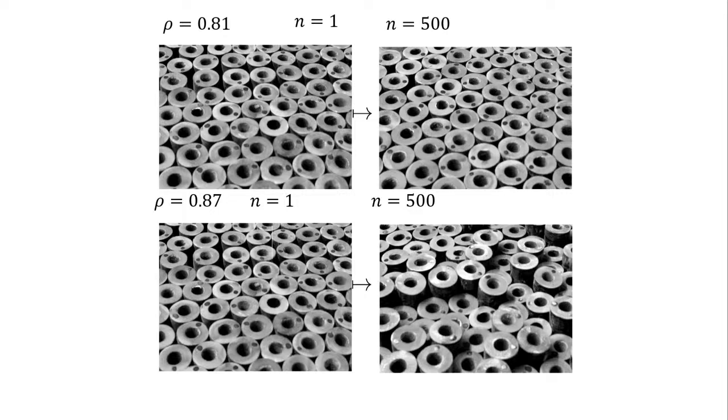Then you go to a higher density, 0.87, and you bang it, and after 500 times you basically see a very crumpled up state. I have pointed something out as red marks up here, so I will actually talk about rotations, and rotations play a huge role in this, so we'll get to it when we come here.